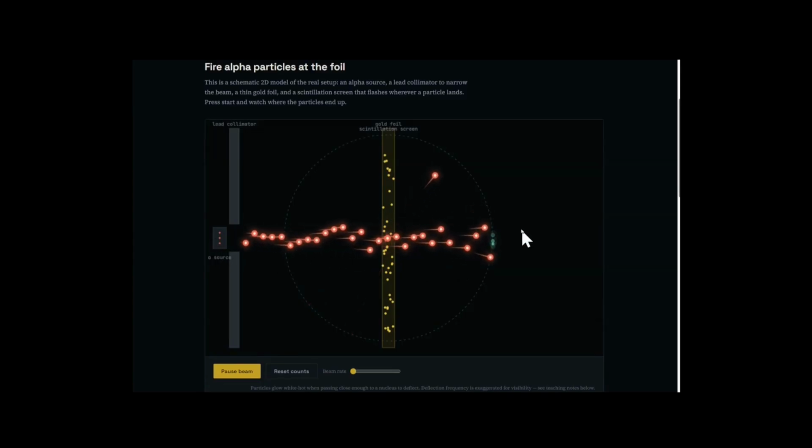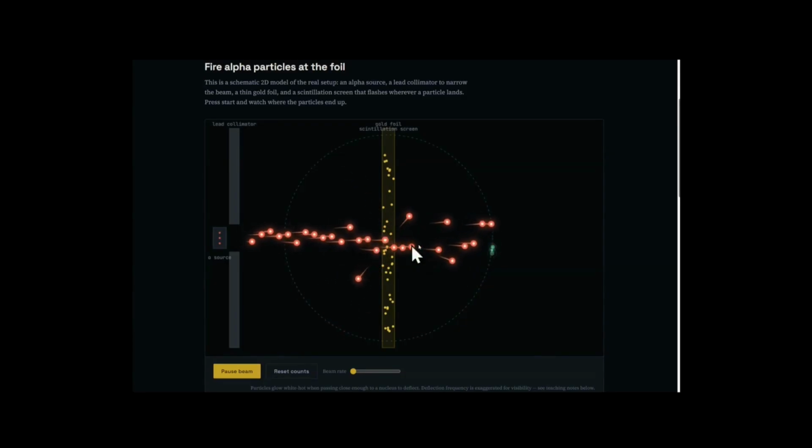So he expected them to pass right through, and he found that, yep, most of them did pass right through as if nothing had happened, just as you'd expect. But he noticed that roughly 1 in 8,000 were deflected or bounced back, which makes no sense whatsoever.